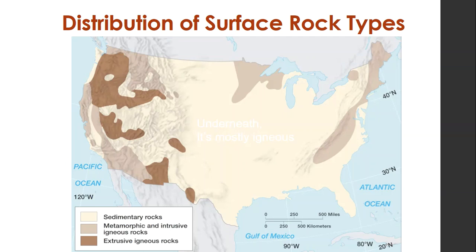Just looking at the distribution of surface rocks in the United States, we have lots of sedimentary rocks. There used to be a big inland sea here. Underneath this, it's mostly igneous rock. We have extrusive igneous rock in the west from volcanic activity.